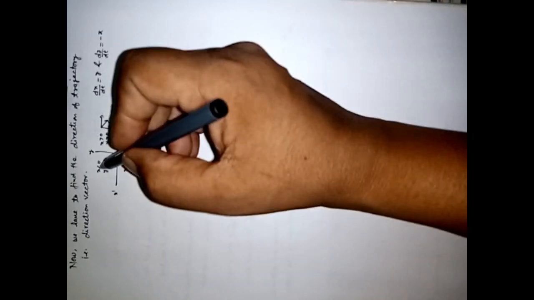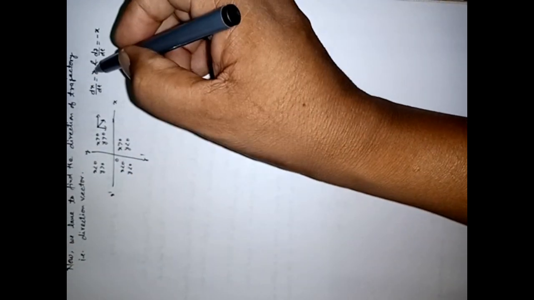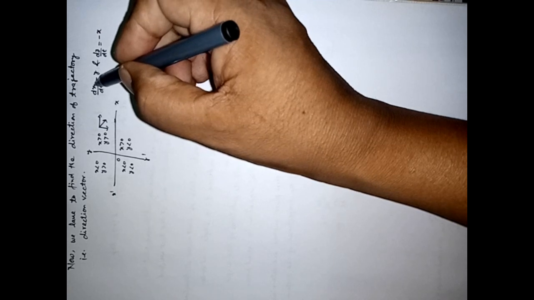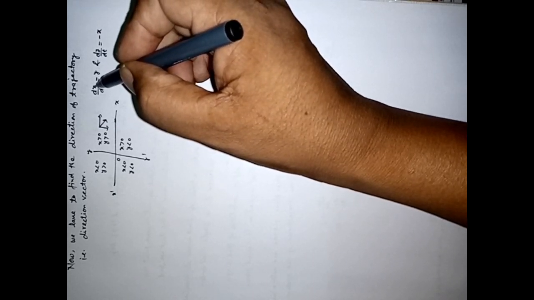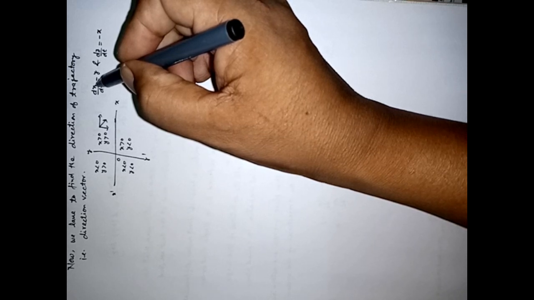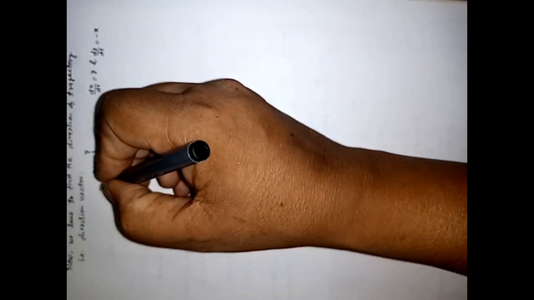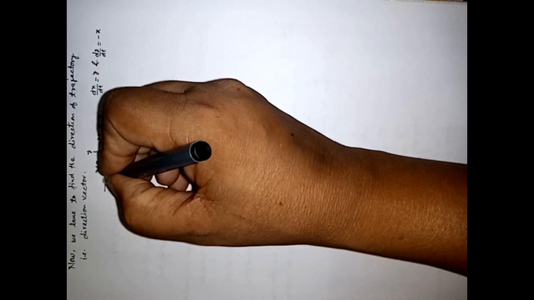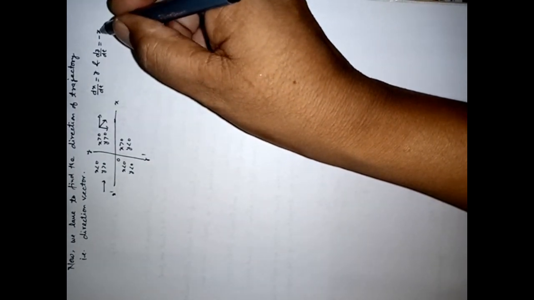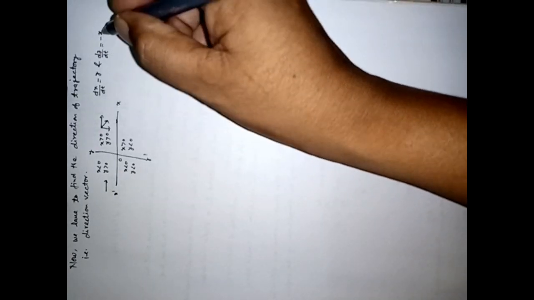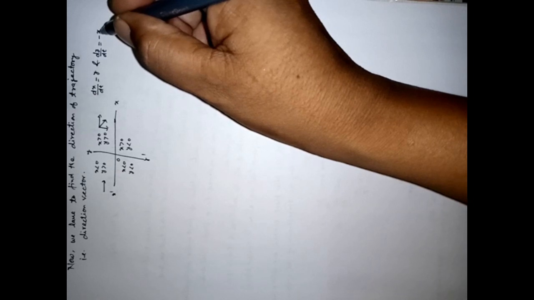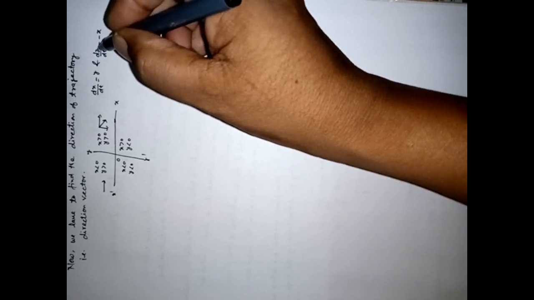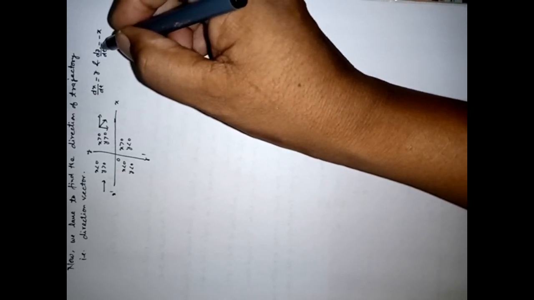Similarly, for the second quadrant, y is greater than 0, therefore dx by dt is greater than 0, that is, x is increasing. From dy by dt equal to minus x, x is less than 0, so minus negative is positive, so dy by dt is greater than 0.